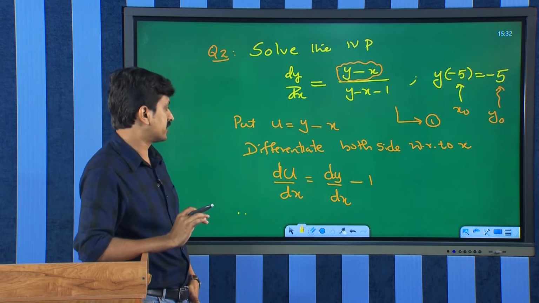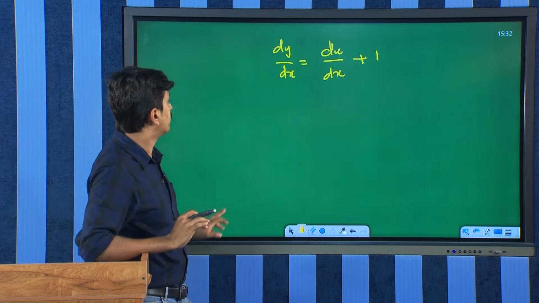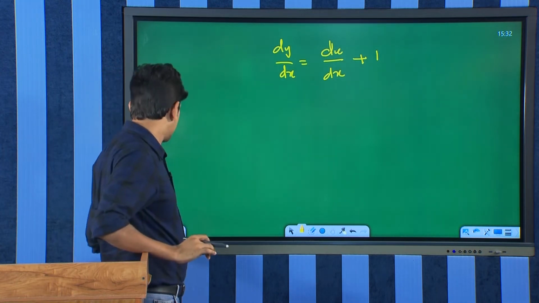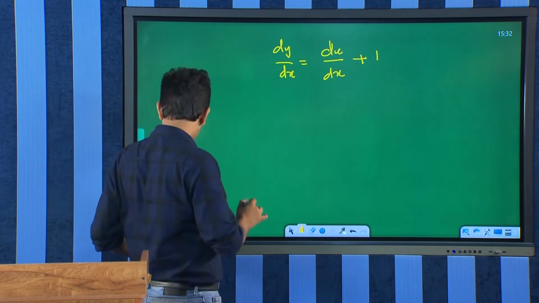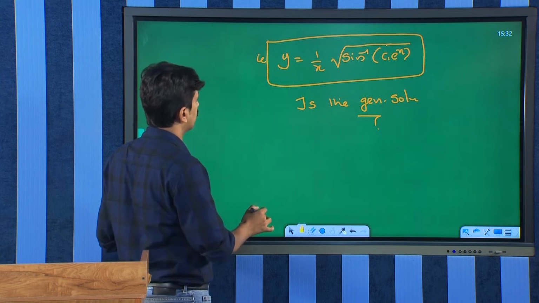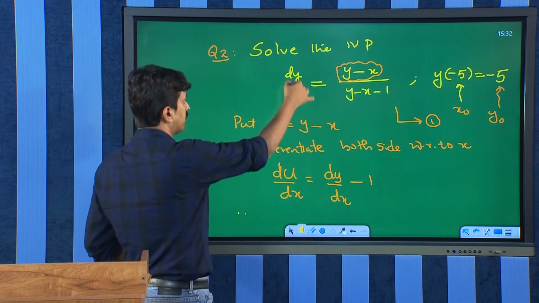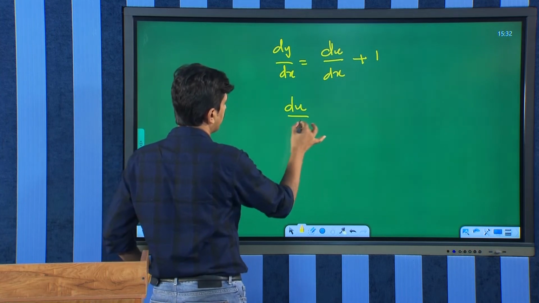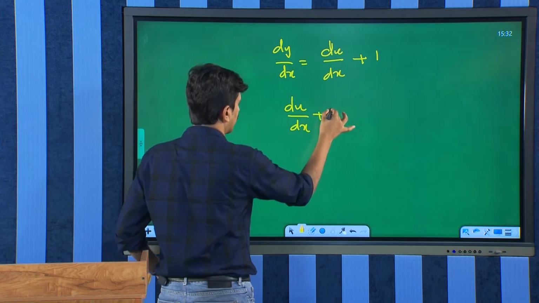So, instead of dy by dx, we have du by dx plus 1. So dy by dx is equal to du divided by dx plus 1.